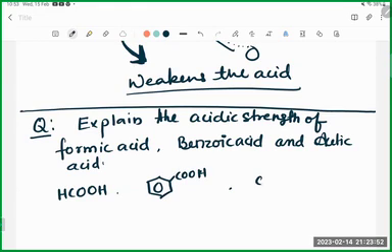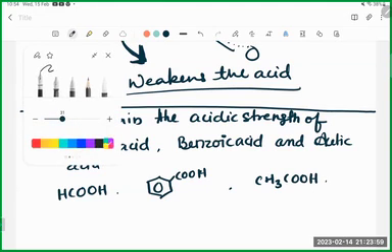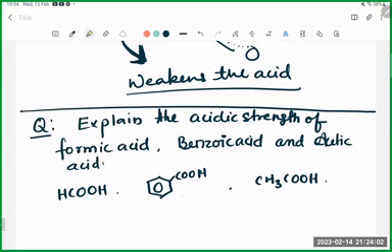Clear? And then acetic acid is CH3COOH. Okay, so let me tell you, Hridaya, the phenyl ring which is present over here, and the methyl which is present over here, anyhow these are the substituents we consider for the carboxylic acid. When we are talking about the phenyl or the benzyl, it will have the minus I effect, means it is showing electron withdrawing nature.